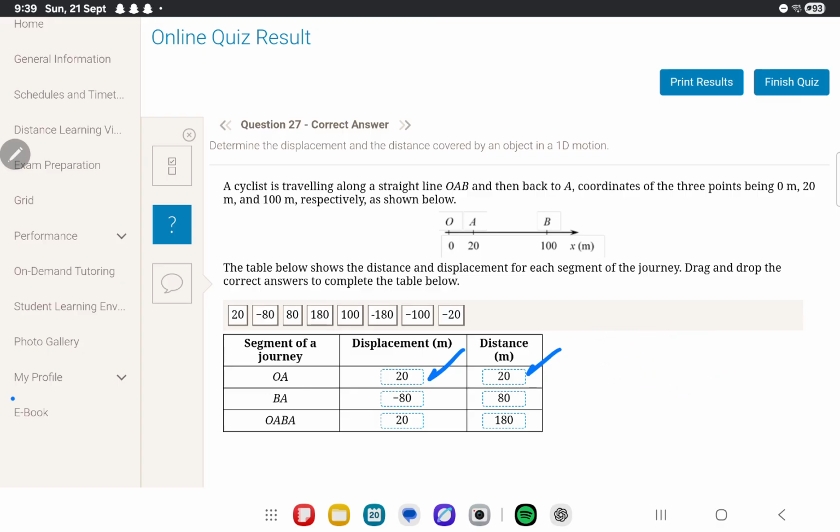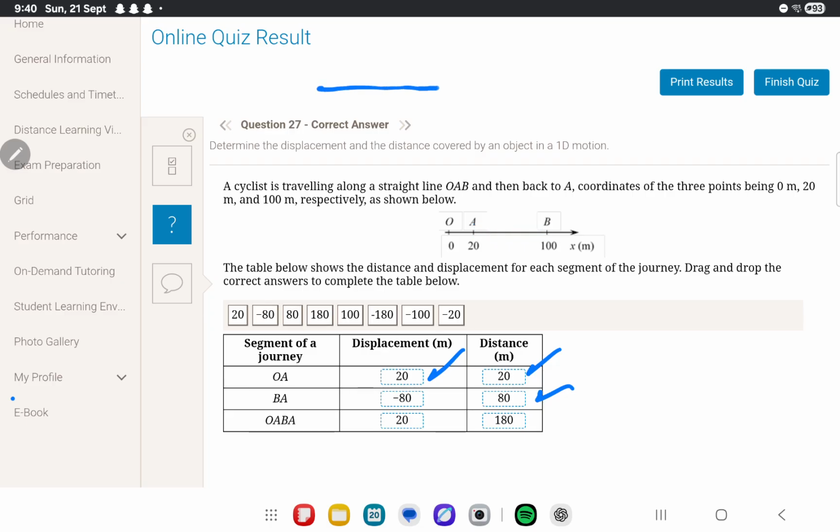Now, BA is going from B to A. The distance is 80, which is easy because that's 100 minus 20. But how is the displacement negative 80? Let me clarify my statement.